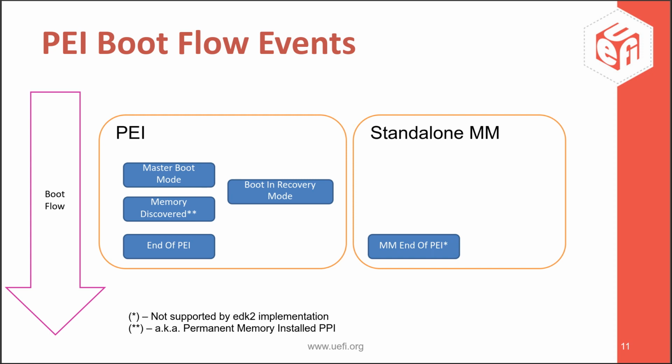Memory discovered, there is a bit of confusion with the name, and it is also known as the permanent memory install PPI, or sometimes it's called memory install PPI or install PI memory. This is because in the spec itself, different names are used, but it's the same event. And the end of PI, which is triggered as the very last thing in PI.